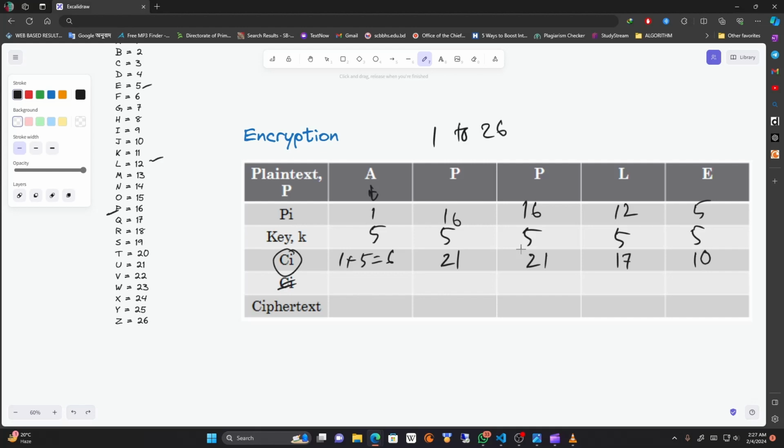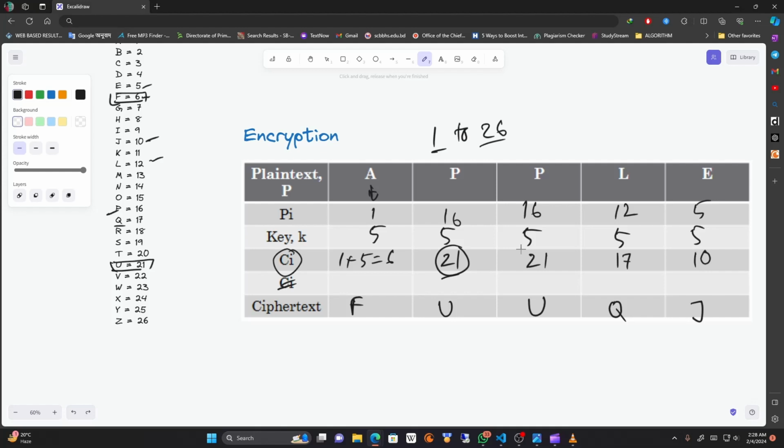So if we find this kind of situation, we just need to write down the exact value of this index, which is F. And again, 21 is in the range between 1 to 26, so we just need to write the value of this index, which is U. Similarly, again U, and for 17 we need to write Q, which is between 1 to 26, and for 10, which is again between 1 to 26, we need to write down J. So for Apple, if we put our key value as 5, then we'll get FUUQJ as our encryption message.